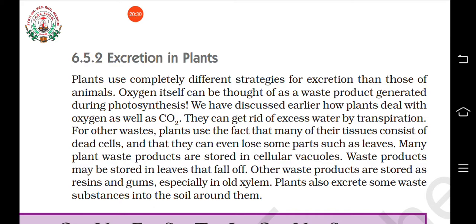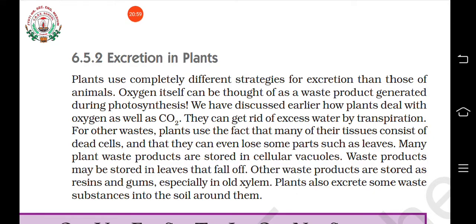And some plants excrete waste materials into the soil around them. So how do the plants get rid of their waste? Carbon dioxide and oxygen through stomata, then water through a process called transpiration through the stomata. Then other waste materials, some of them they store in the vacuoles, some they store as resins and gums.